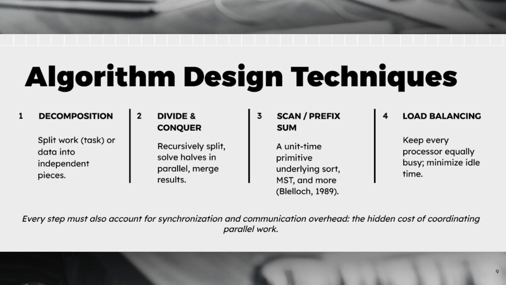Beyond decomposition, good parallel algorithm design also means paying attention to load balancing, so that no single processor is stuck doing much more work than the others, and minimizing synchronization and communication overhead, because every single time processors have to wait on each other or exchange data, you lose some of the speedup you worked so hard to get.